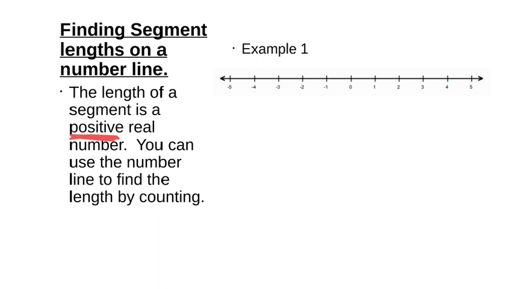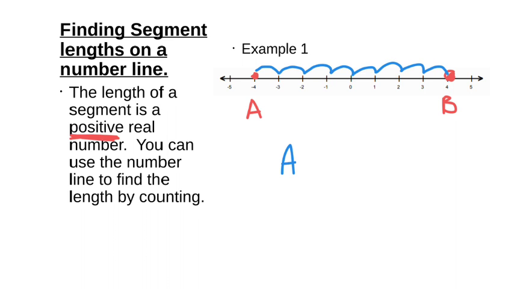Okay, so on your notes we have a point A here, and we have point B down here. In order to find the length, if you're given a number line like this and it's labeled, you can simply just count. 1, 2, 3, 4, 5, 6, 7, 8.